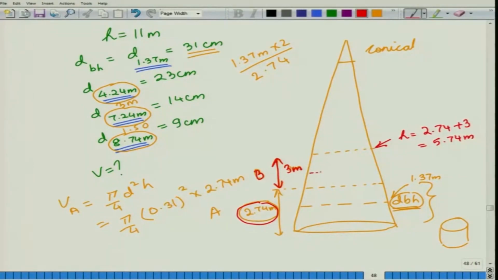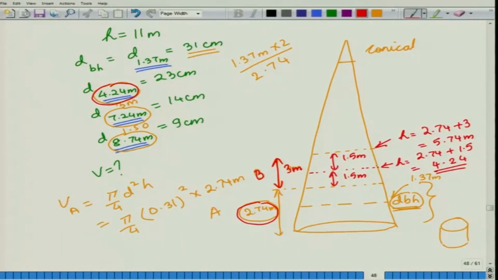Now, what is the central portion? Because this is 3 meters, here you have 1.5 meters and here also you have 1.5 meters. So, what is the height here? The height is 2.74 plus 1.5 is equal to 4.24 meters, which is the second height that we are given.